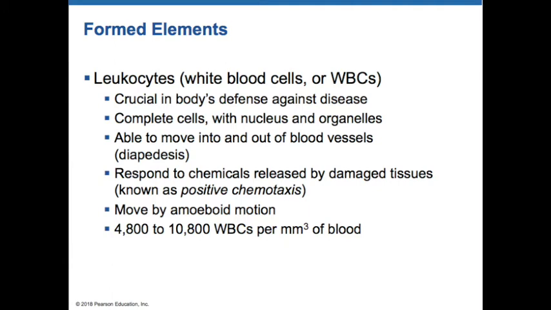In that example, remember, a quote-unquote normal healthy individual will have a maximum of 10,800 white blood cells per cubic millimeter of blood. So what happens if this individual has 12,000 white blood cells? It probably means that their body is producing more than normal white blood cells in response to an infection.